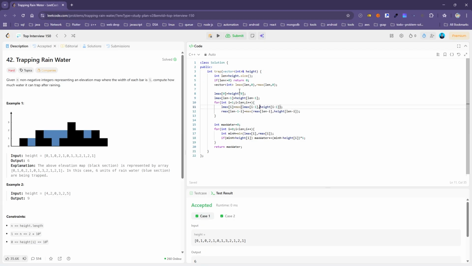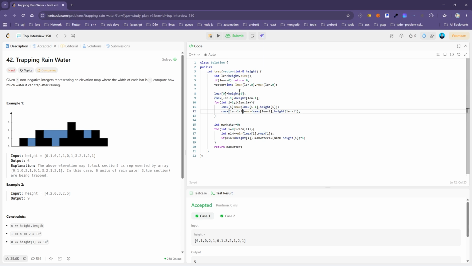Now from 1, the Lmax at I is the Lmax of the previous position or the height of this current index. Similarly for Rmax, we'll start from the last second position, because at the last position we have given the Rmax as the height of the last bar.